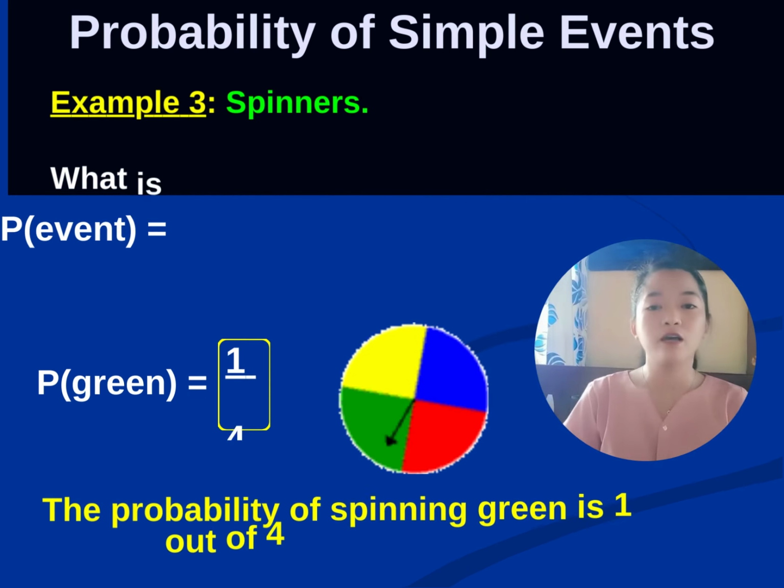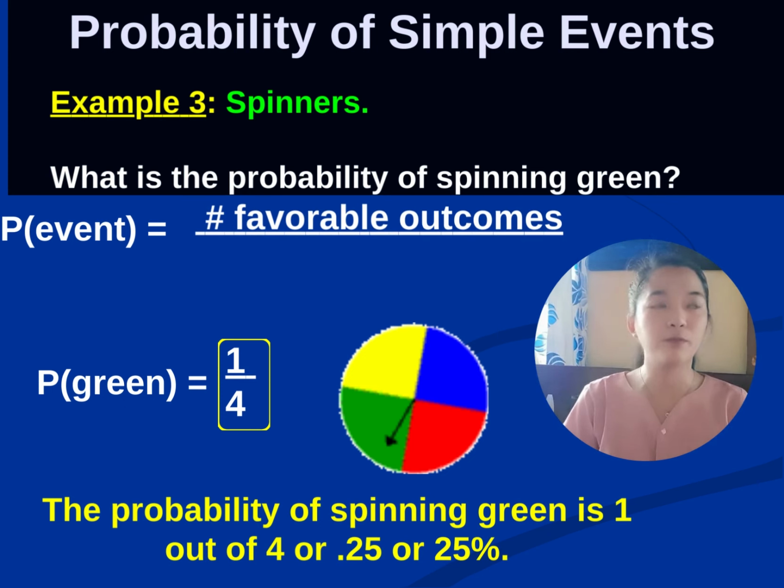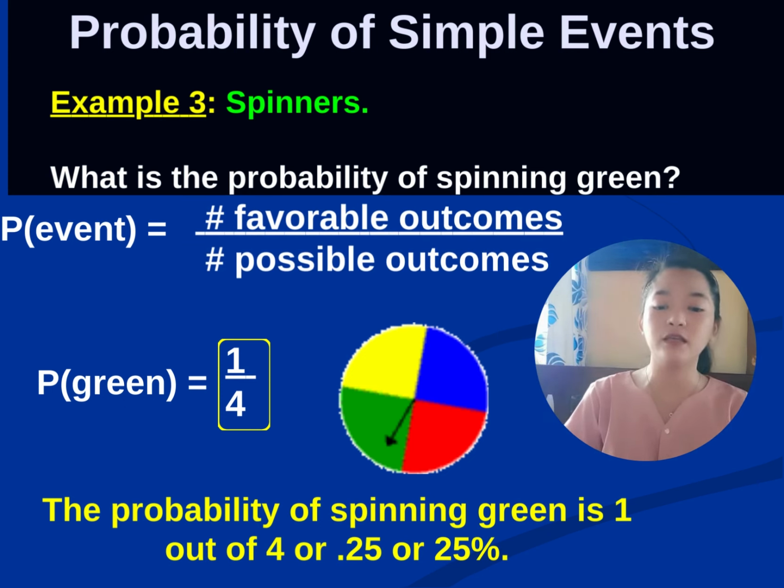Let's proceed to example number 3. We can apply the probability of simple event in spinners. So the question is, what is the probability of spinning green? In the spinner presented, there are only 4 different colors, and we have only one green in the spinner.